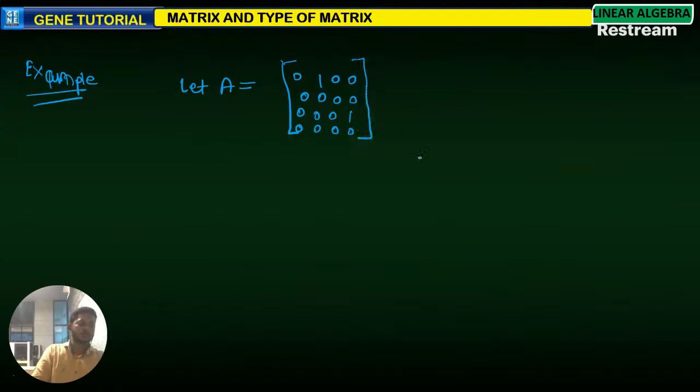This is the example of a matrix, and then find A squared, which is equal to 0. When we square the matrix, it gives A squared, and A squared is equal to 0. Therefore A is nilpotent.